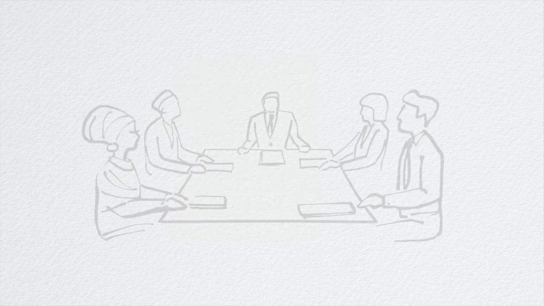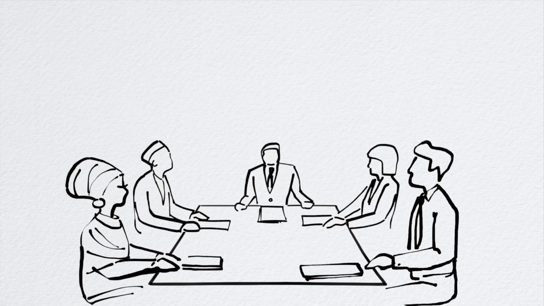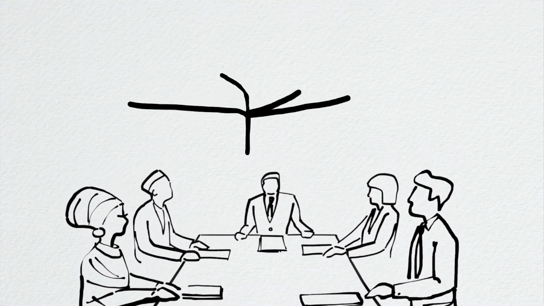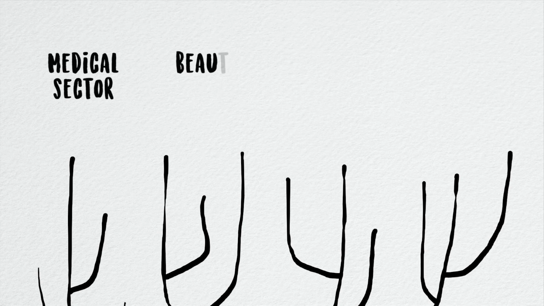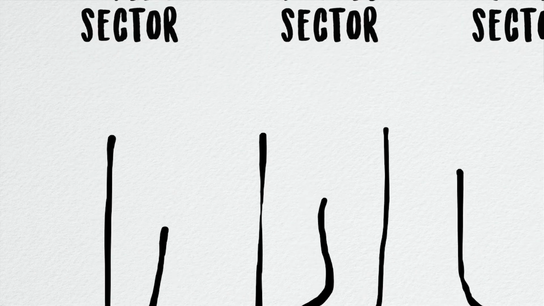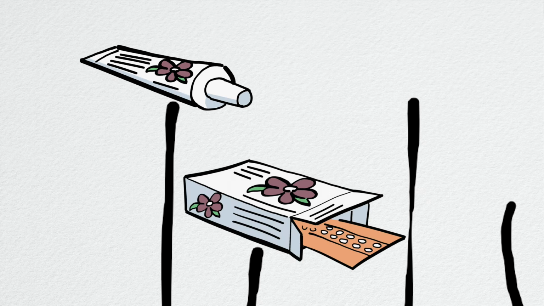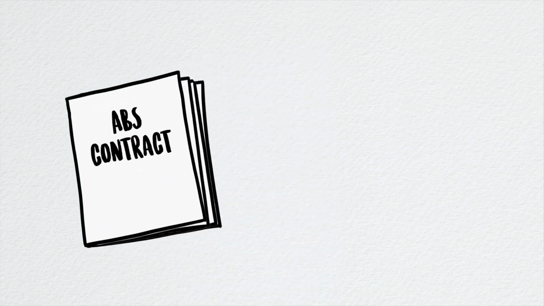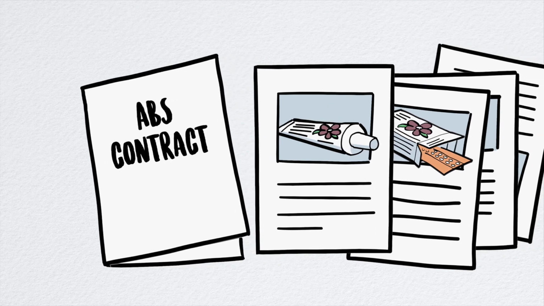And there is another important aspect. As we have learned in the previous lessons, your ABS contract needs to be dynamic, especially when it comes to benefit sharing. Remember our example. At the negotiating stage, it was impossible to foresee the development of a scar cream or the innovative Band-Aid. Yet, the ABS contract needed to cover the benefit sharing for those and other developments.